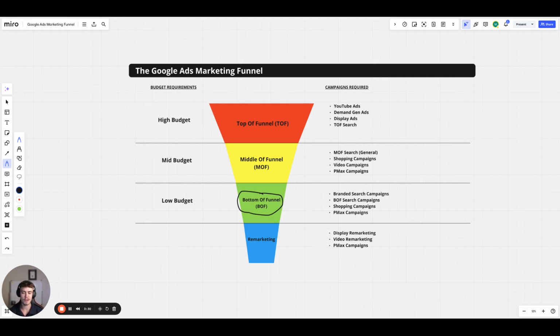Aside from that, it's just almost free traffic, extremely cheap traffic because you have such a high quality score when bidding on your own branded keywords. And beyond that, it's very useful for protecting yourself from competitor attempts to steal your traffic, right? So if competitors are bidding on your brand name, you need to make sure that you're showing up first and you're not losing your traffic to those pesky competitors.